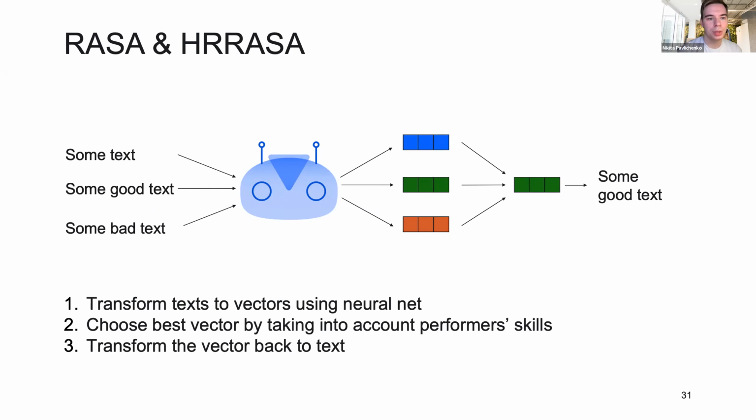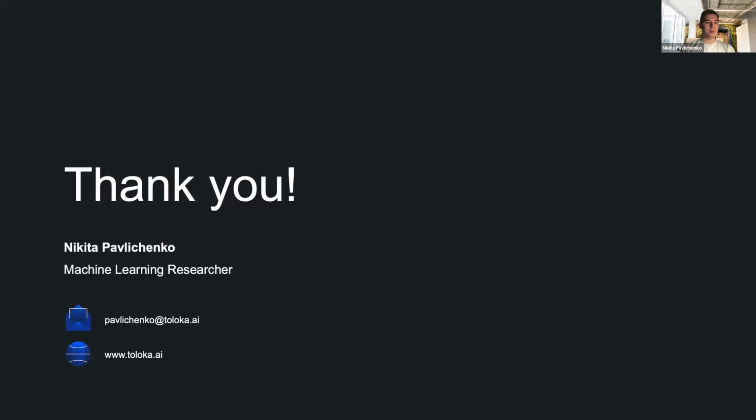Then it chooses the best vector by estimating the performer skills, like we do, for example, in Dawid-Skene, and then transforms this best vector back to text. So that was the end of the presentation.